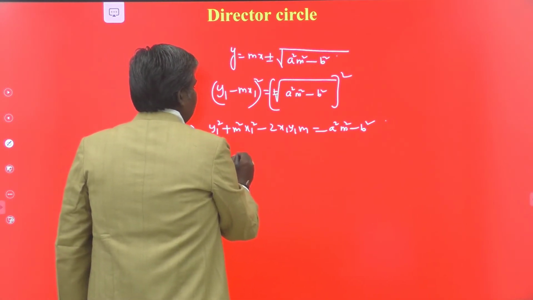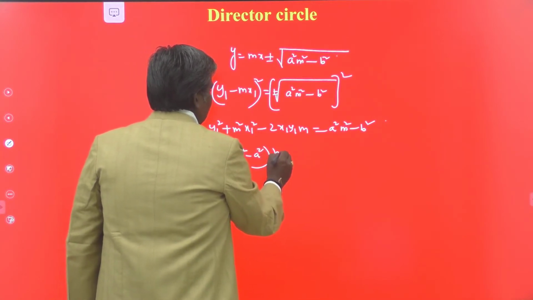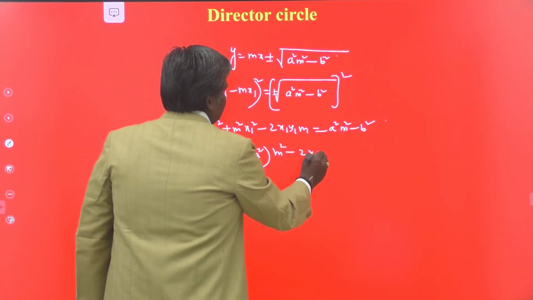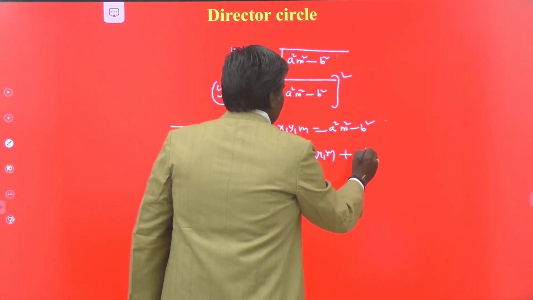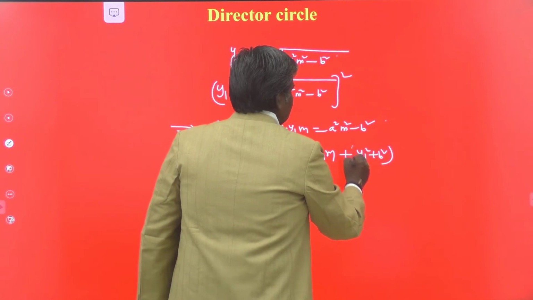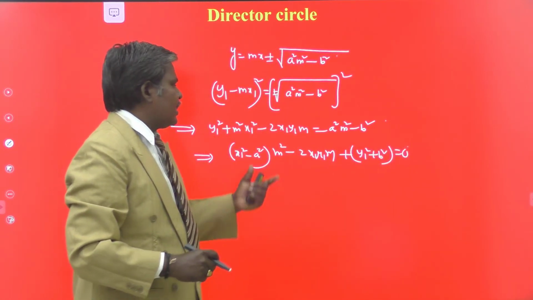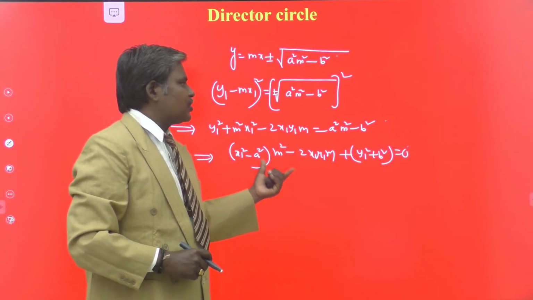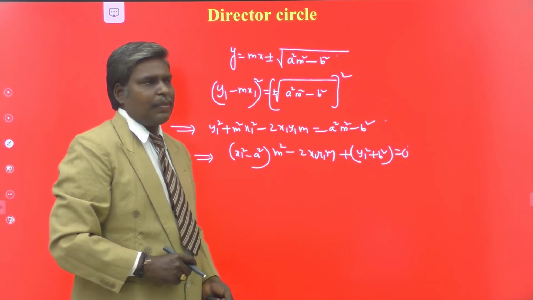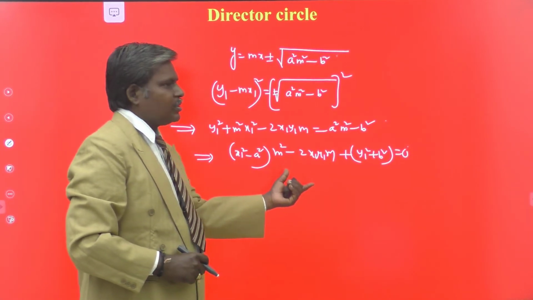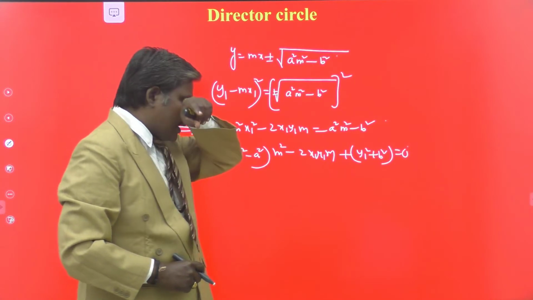So can I write it in this manner? (x1² − a²)m² − 2x1y1m + (y1² + b²) = 0. It is a quadratic equation in m. Clearly it has two roots. These are the slopes of tangents drawn from point x1, y1 to your hyperbola. From this you conclude that at most two tangents can be drawn from the given point to your hyperbola.